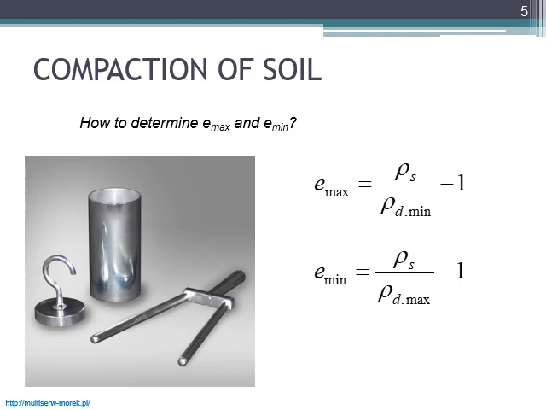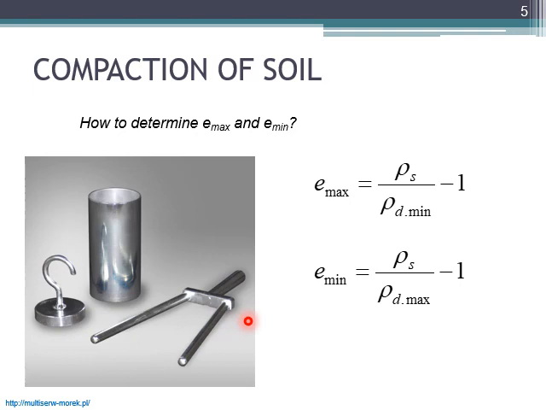For instance, in the old Polish standard, we were using this set of tools, which is presented here on the left. So we would have a cylinder like that, we would have such a top cap with a hook, and we would have such a tool that looks like a fork, let's say.